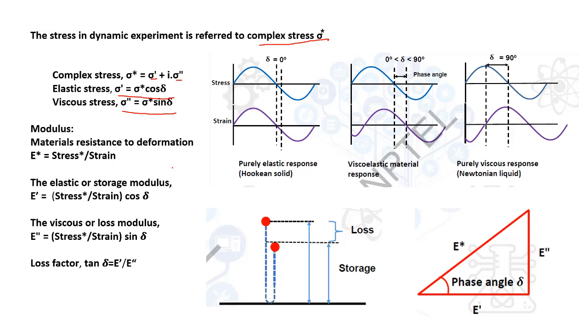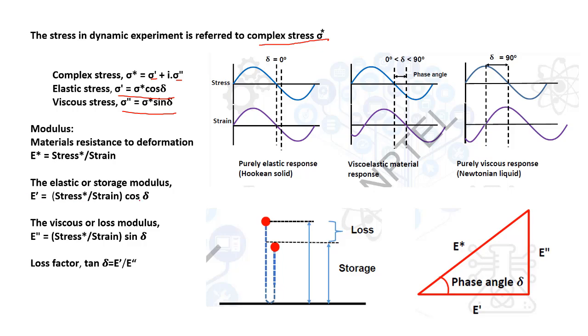Yeah, so then we have modulus. Modulus is the material's resistance to deformation. So we have E star, which is the complex stress divided by strain. Then the elastic or storage modulus, E dash, is equal to E star into cos delta.